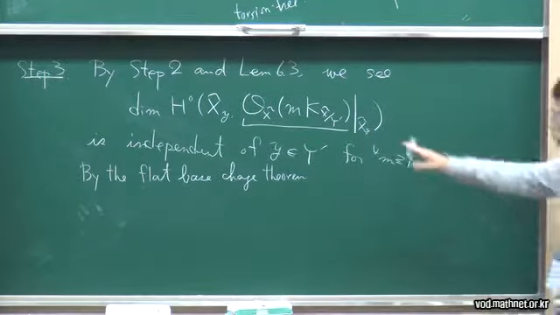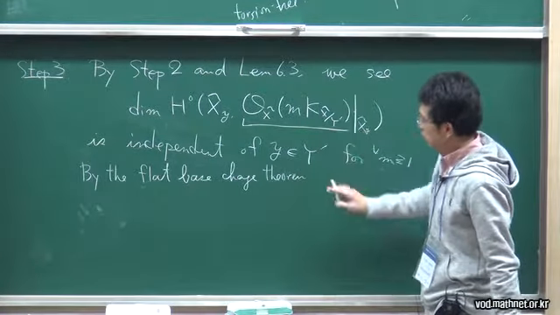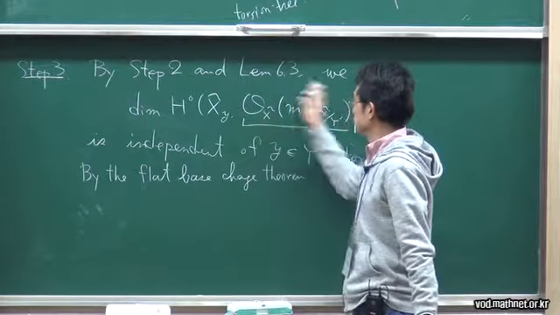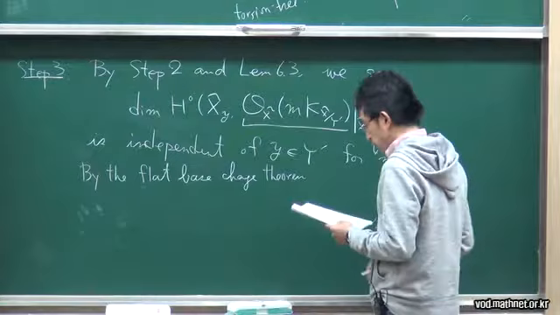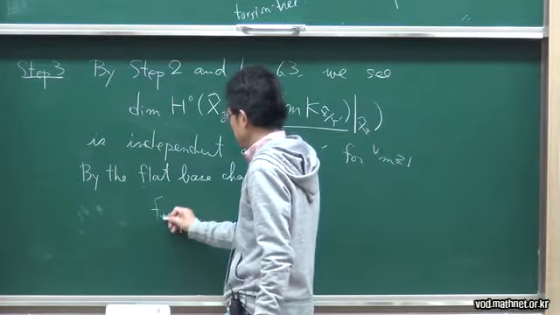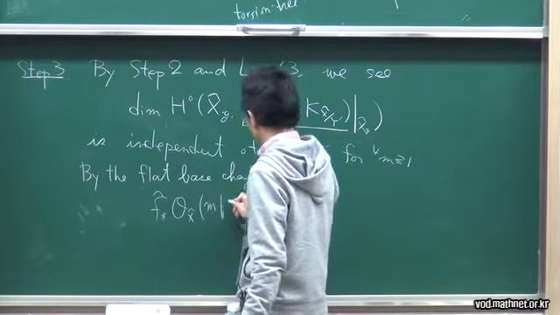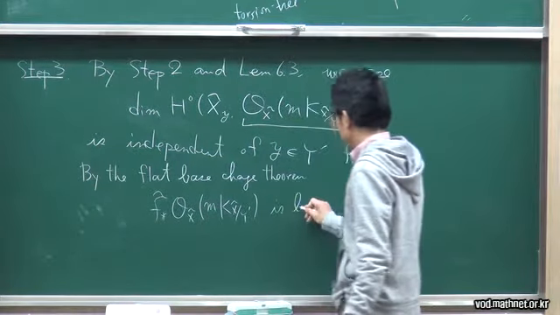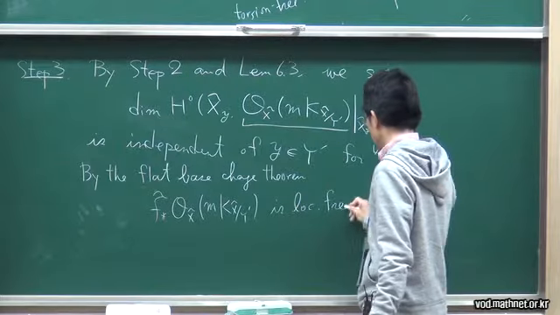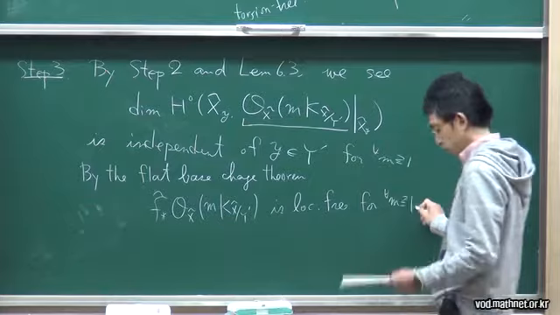But in general, this is not a line bundle, so we need some arguments. But we can check this is flat over y prime, and so we can apply the flat base change theorem. Then f tilde push forward of mK_X̃_y' is locally free for any m.